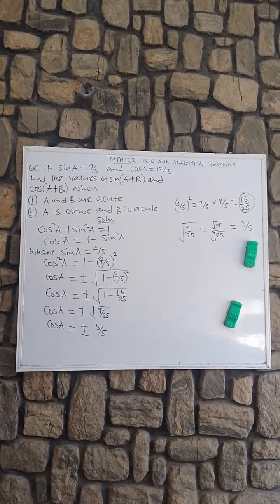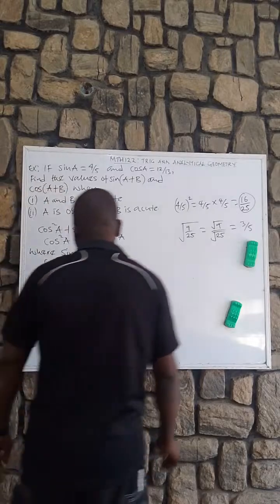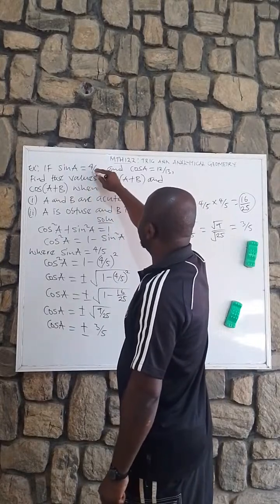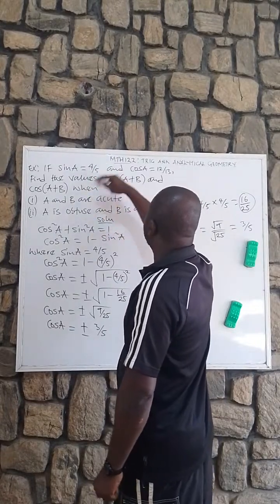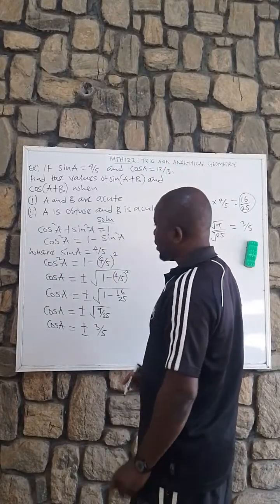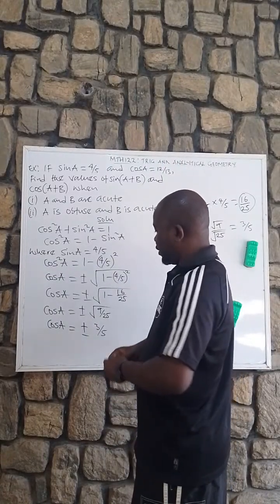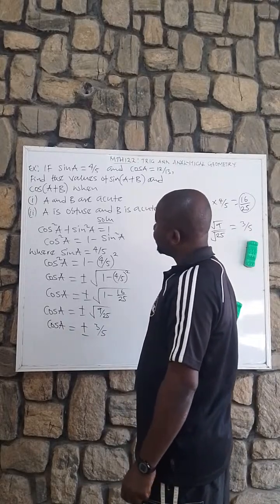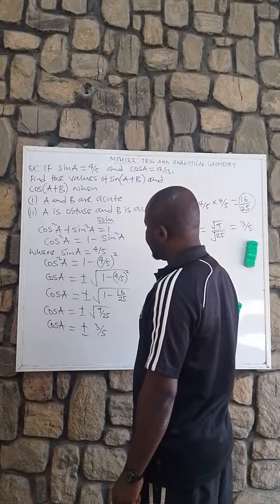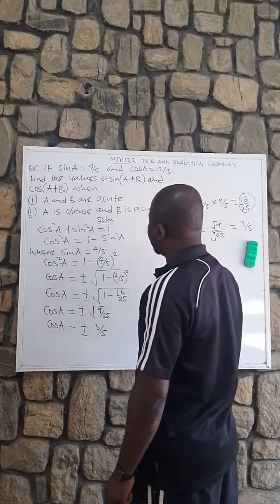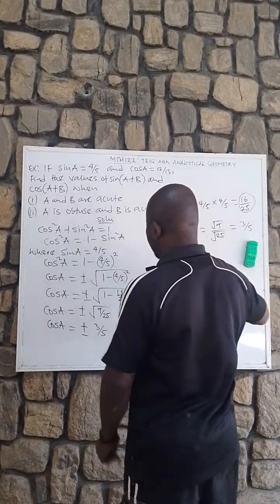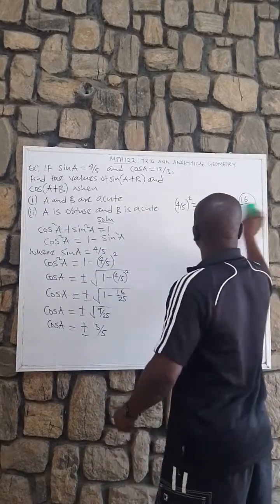Okay? Then, similarly, since we have been given sine A equals 4 over 5 and cos A equals 12 over 13, we are able to consider cos A. What we need to do is move further to consider sine B using the same method, the same approach.